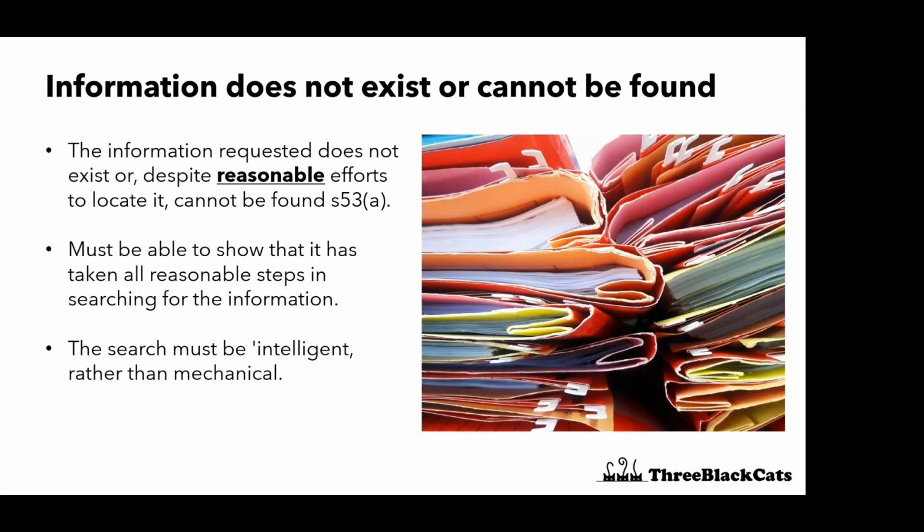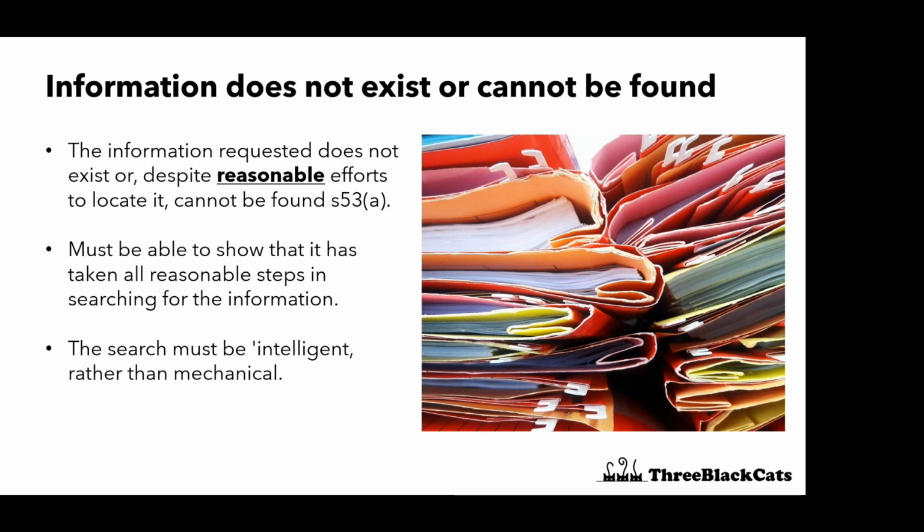And then the other common one we get, we can't actually find it, or it isn't here. Now, in terms of this one, we need to make reasonable efforts to go forth and search for it. So that means that we didn't just do an IT scan and go, yep, not here.